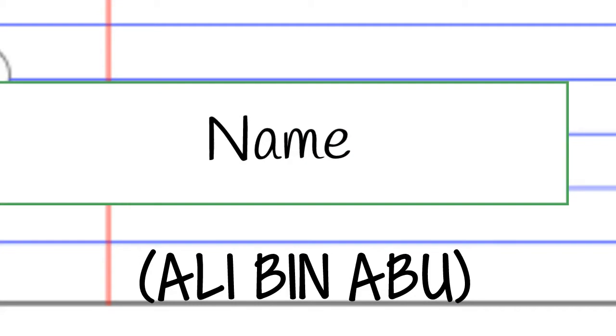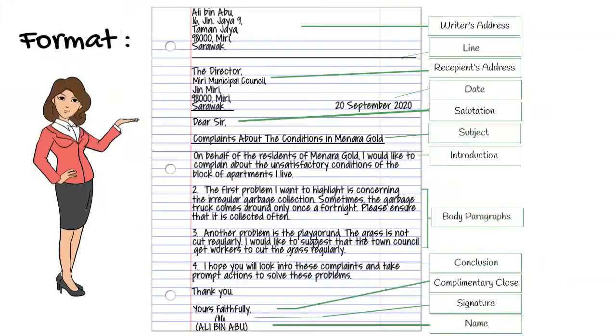Make sure you write in block letters. You may include your position if you are representing a club, society, or a residential area.